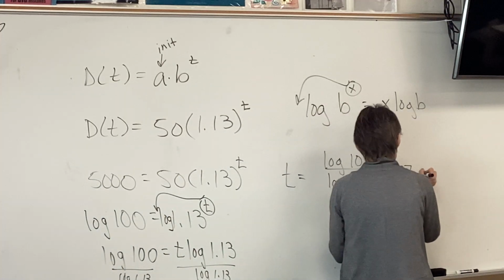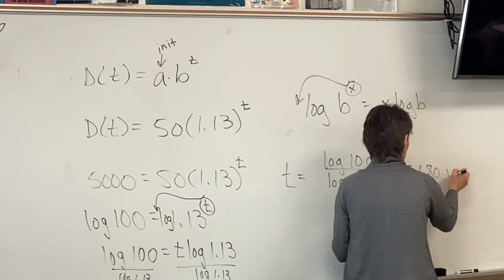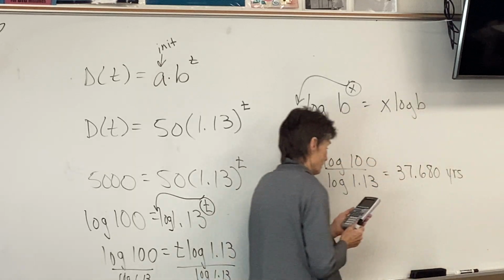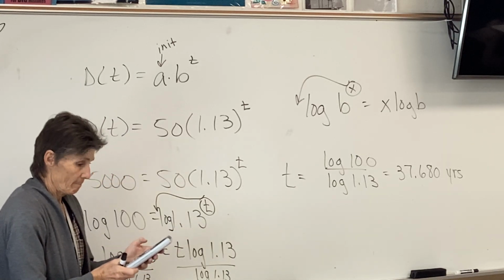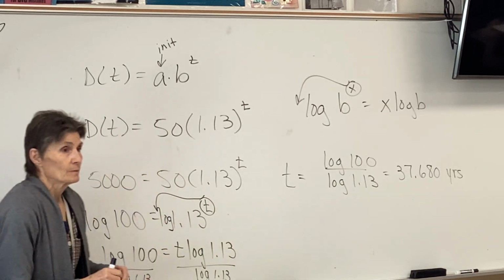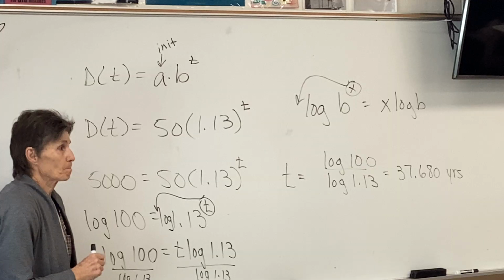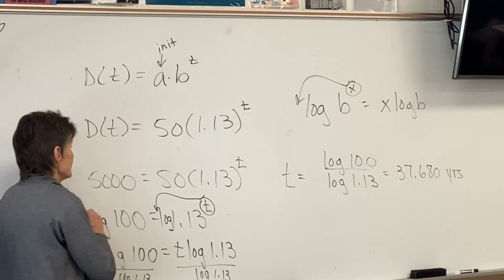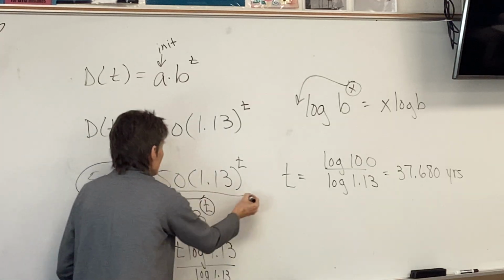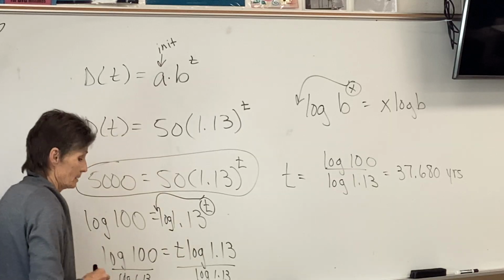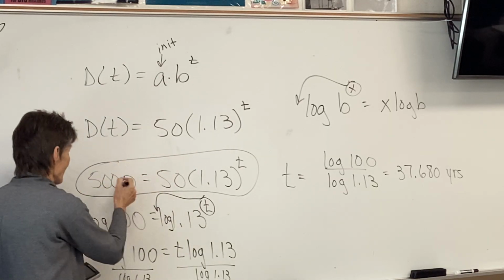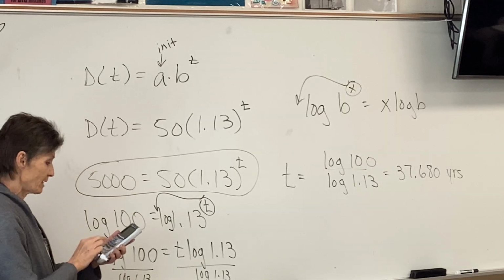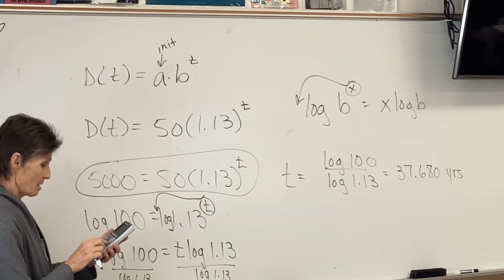Did you get 37.680 years? Does that sound okay? All right. Now graph this on your calculator. If you want, you can divide by that 50, so your numbers aren't so big, it really doesn't matter.